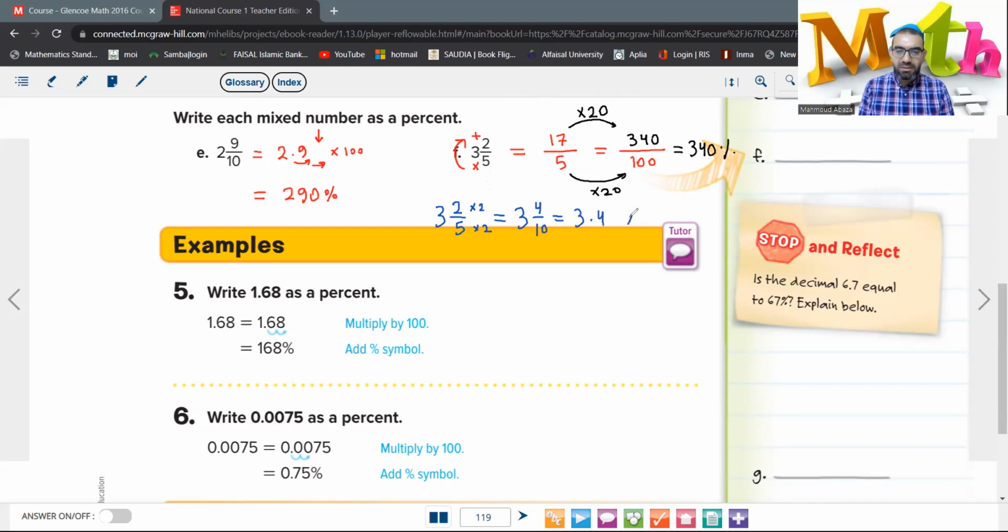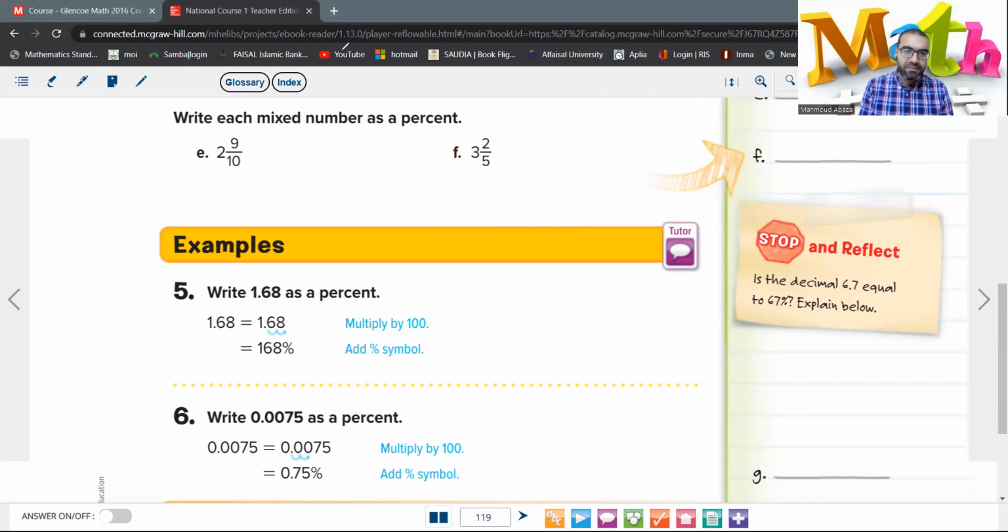Then we multiply by 100, means move the decimal point to the right 2 places. We don't have enough places, so you will need 0 here. So the same, it will be 340%. So it doesn't matter if you change into a fraction first or a decimal first, the final answer should be the same. It's your style, it's your choice.